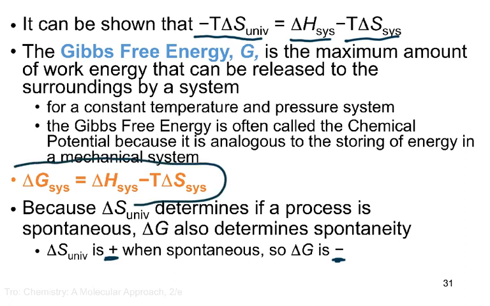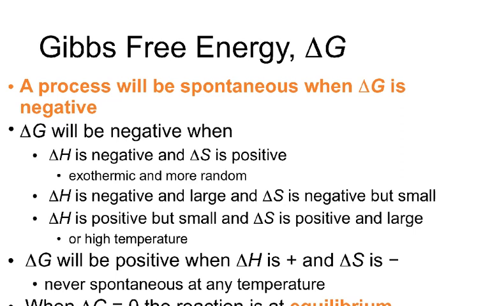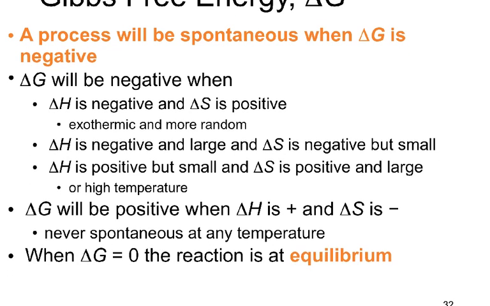This equation here is kind of the central equation for this chapter. The delta G is equal to delta H minus T delta S. Like I said, a process will be spontaneous when delta G is negative.